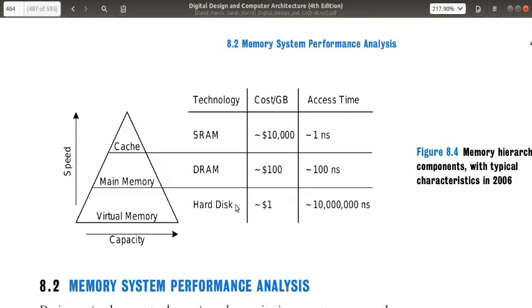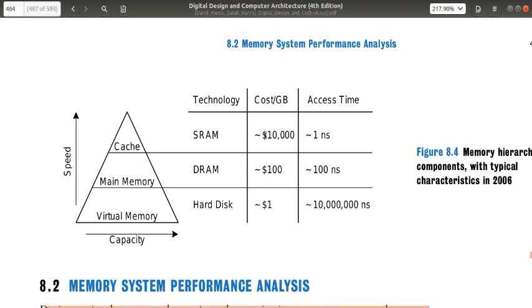This is a typical memory hierarchy pyramid that we use to show the hierarchy. On top is the cache memory. Cache memory is the fastest. As we go up, the speed increases, and as we go down, the capacity increases. So cache memory is the fastest memory, and it is also the smallest memory, and it is very costly. The access time is approximately 1 nanosecond.